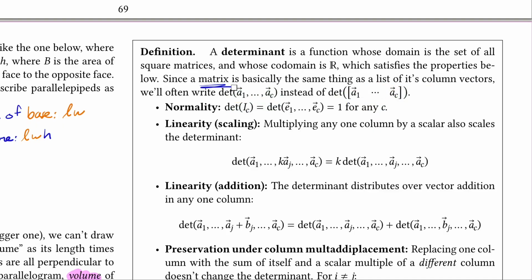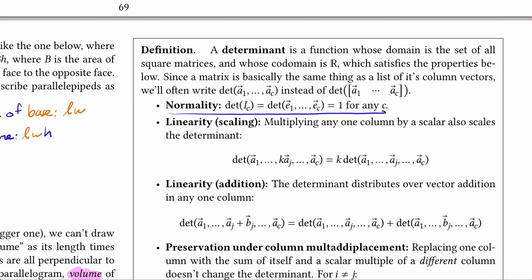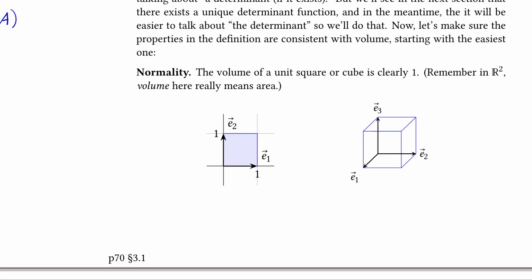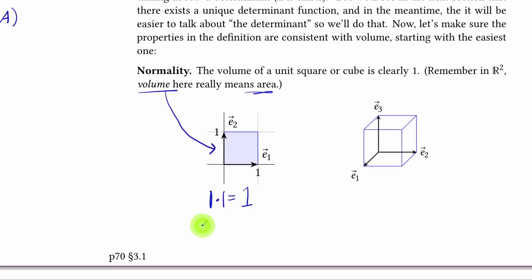Anyways, first of all, normality, which is that if you take the determinant of the identity, the result should be 1. For example, the volume of this square, which really means area because we're in R2, is 1 times 1, which is 1. So that's why the determinant is 1 here.